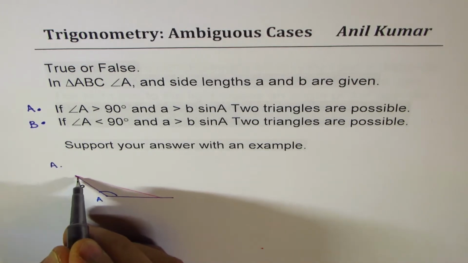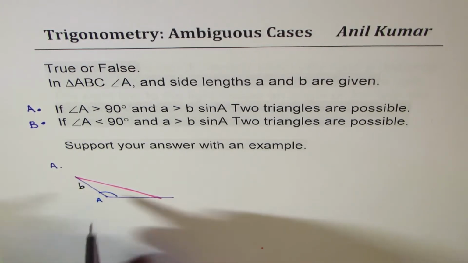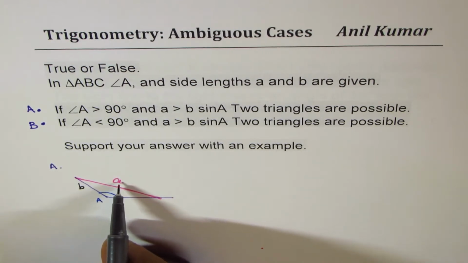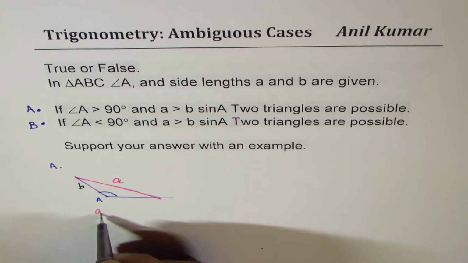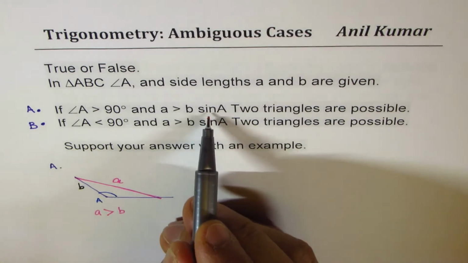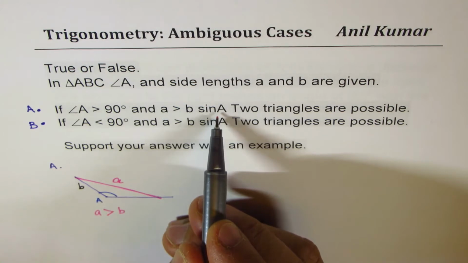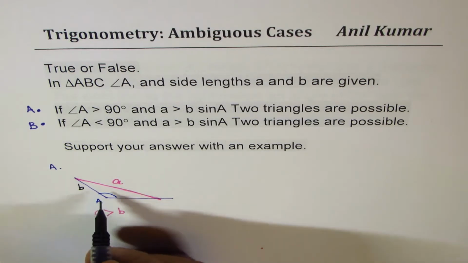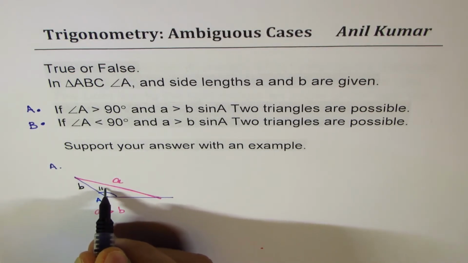As you can see from the diagram very clearly, side length a should actually be greater than b, not b sine A, correct? To give you an example, let's take an angle of, let's say, 110 degrees.